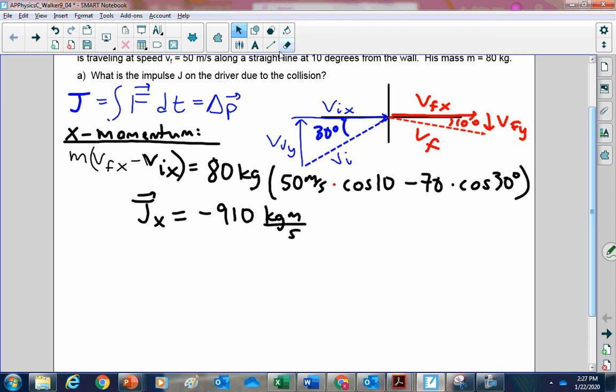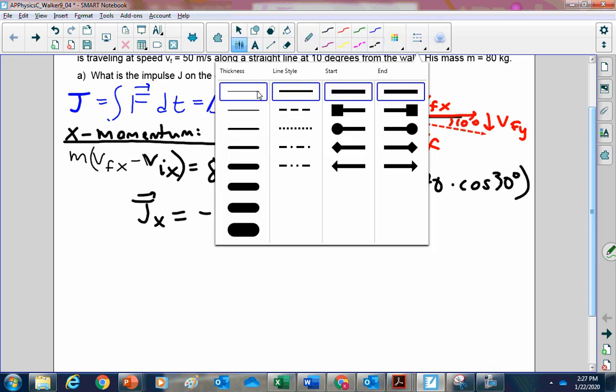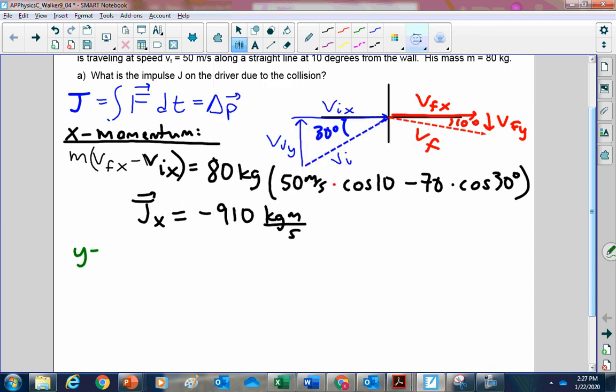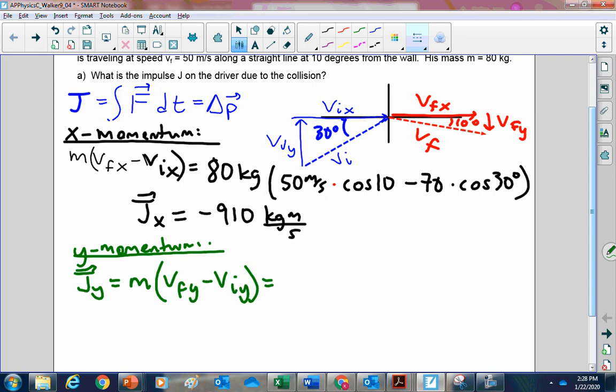So then that change in momentum should be just like that, only now I'm using signs.